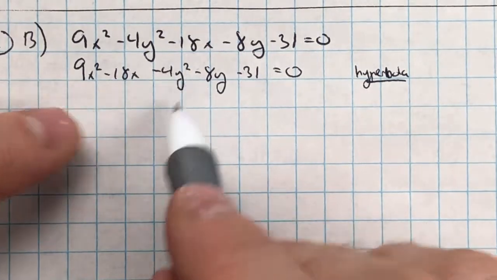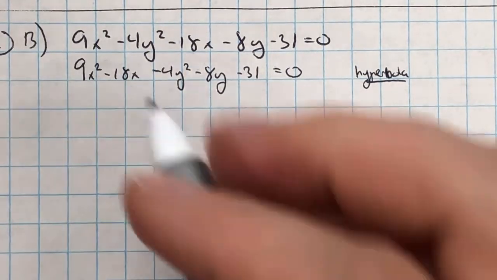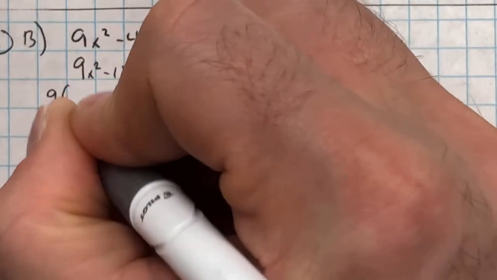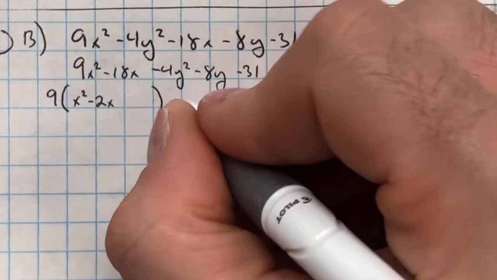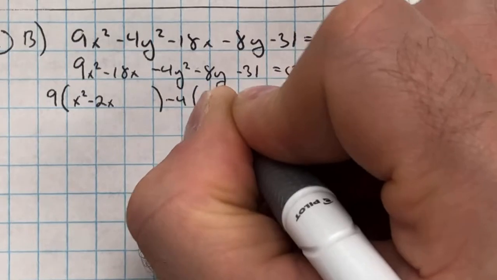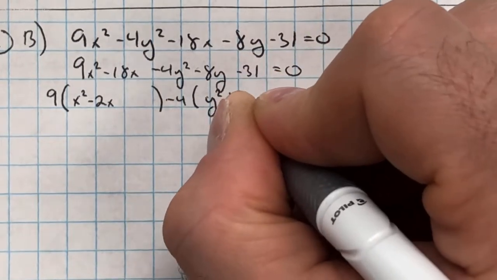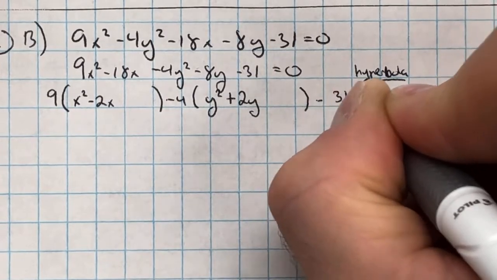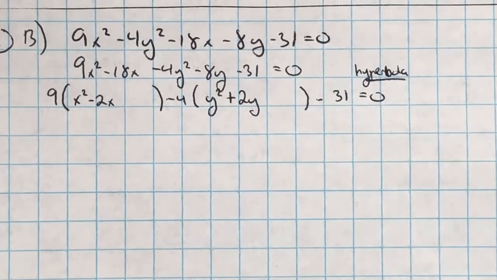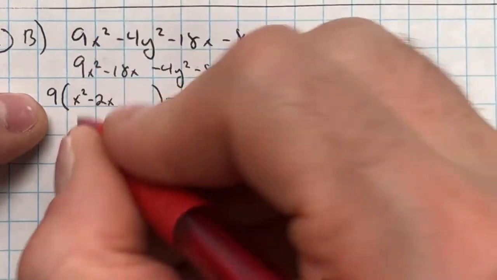So the first thing I'm going to do is I'm going to factor out that 9 and that -4. So I'm going to factor out the 9, x squared minus 2x, and I'm going to leave a space. Factor out the -4, y squared plus 2y, leave a space, minus 31 equals 0. So for my x, I'm going to complete the square.